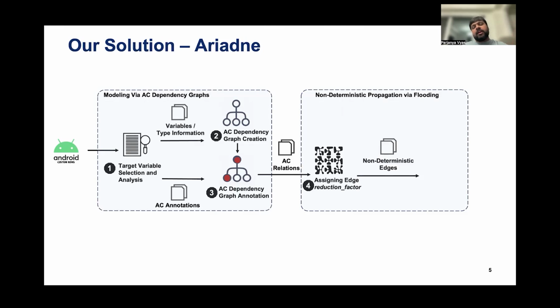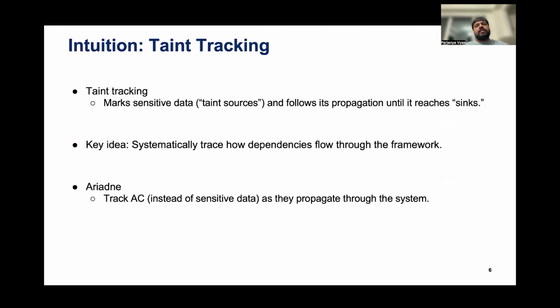Then, using these reduction factors, we propagate the access control annotations throughout the AC dependency graph to arrive at final access control annotations for each of the data holders. Using these final annotations, we compare them with the access controls that are present in the system, and we find the likely access control. So let's look at each of these stages in more detail.